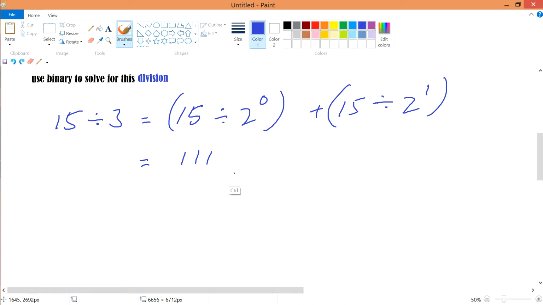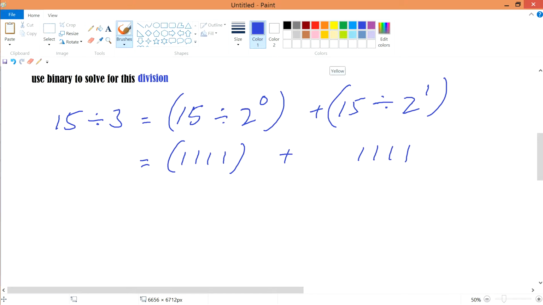So I can rewrite as 1, 1, 1, 1 divided by 2 to the power of 0 is divided by nothing, so this thing never shifts anywhere. Plus 15 divided by 2 to the power of 1, so 1, 1, 1, 1 has to be shifted.